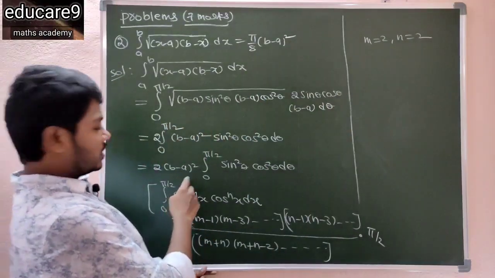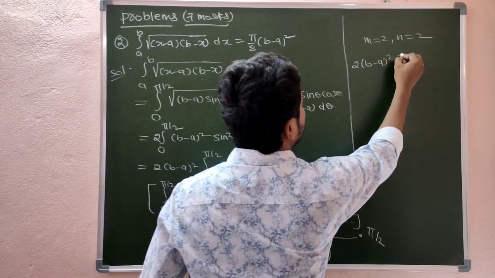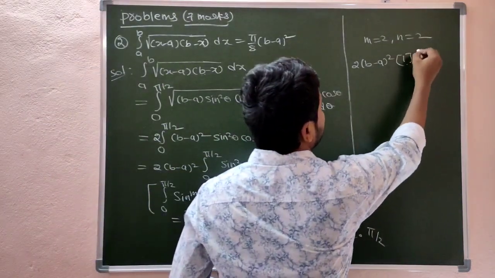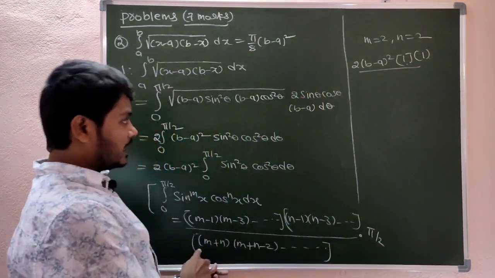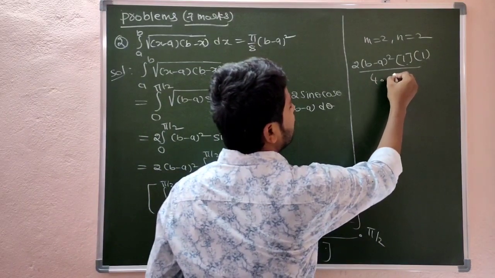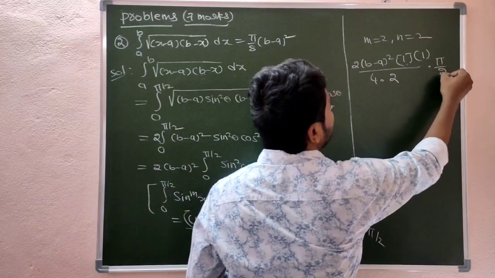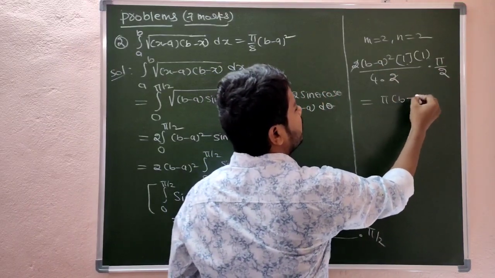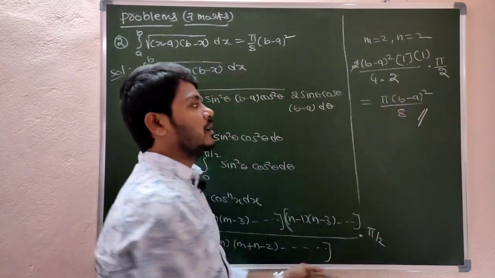So this is 2 times (b minus a) whole square. Here m minus 1, that is 1, into n minus 1, that is 1, divided by m plus n, that is 4, into m plus n minus 2, that is 2, into pi by 2. So 2 gets cancelled. This is pi into (b minus a) whole square by 8. So this is the required answer.